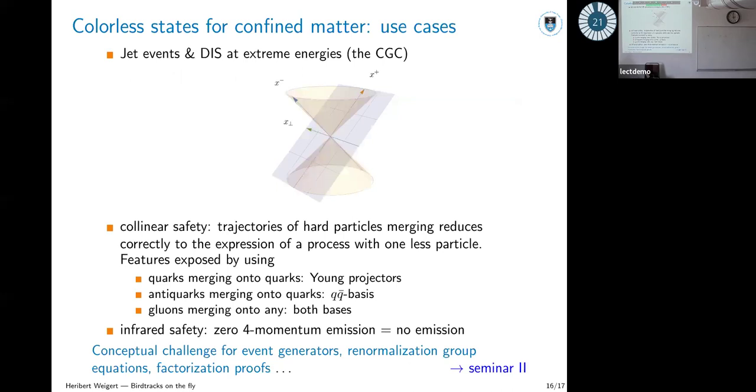Let me connect this back to my two types of events and inference. One of the crucial things, when I was talking about jets, is that collinear limits must work out. So I have three types of objects in QCD that I can force into being collinear. I can force quarks onto quarks, antiquarks onto antiquarks, quarks onto antiquarks, and gluons onto either, or gluons onto gluons, right?